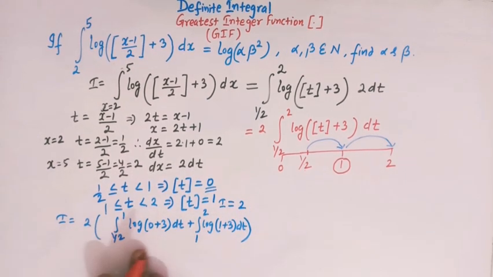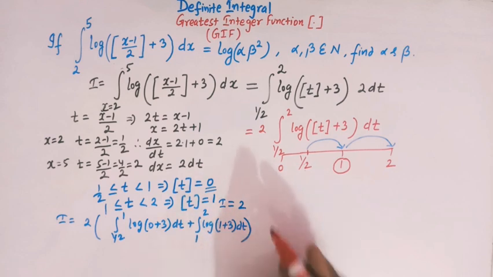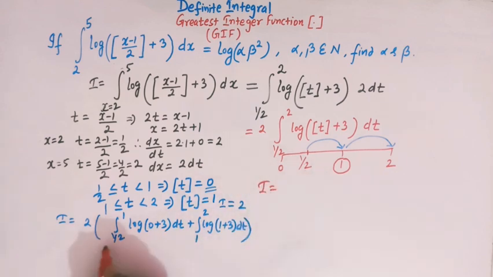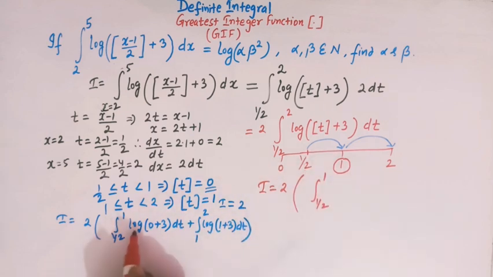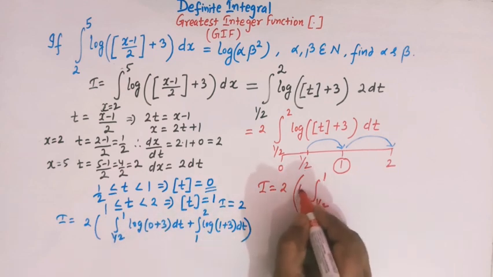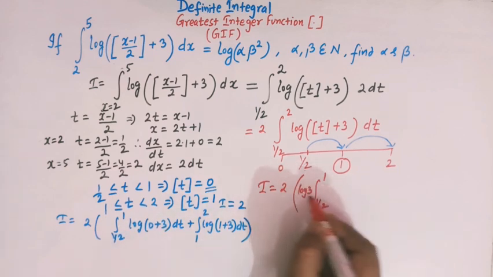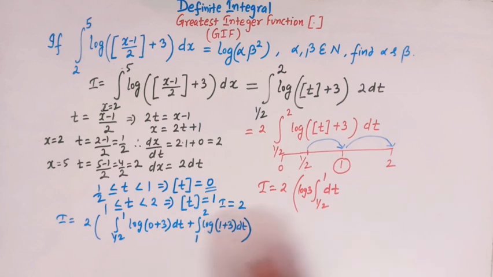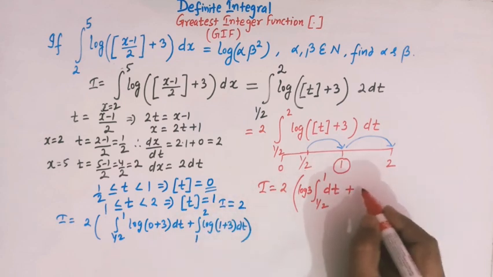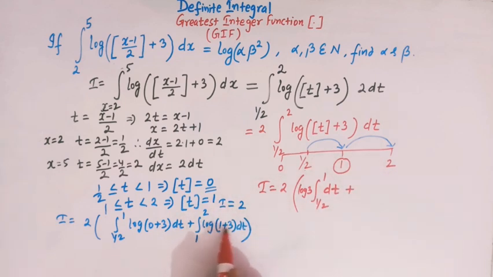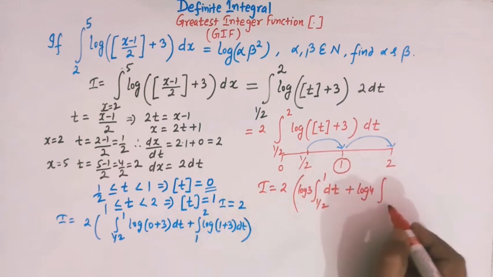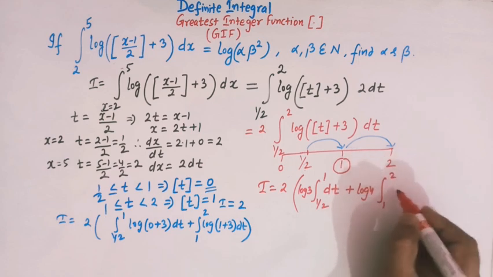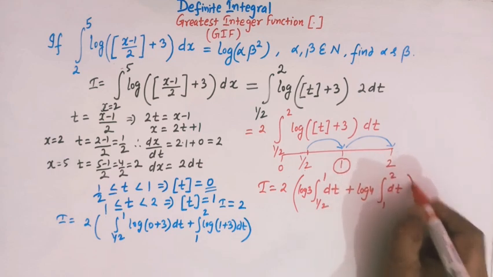So now we can simplify this expression. So integral I is now 2 times the integral from half to 1 of log of 3, so we can take log of 3 outside the integral, here we have dt, and here we have log of 3 plus 1, that is 4, we can take log of 4 outside, and we have 1 to 2, and here we have dt.